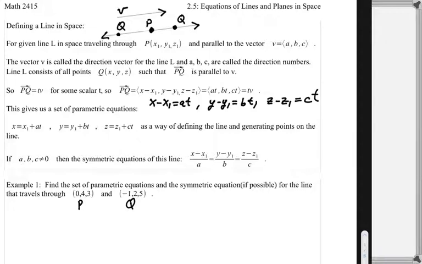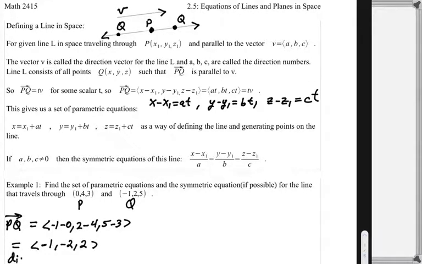We'll use one of the points, and then we need a direction vector. So what we're going to do is find the vector PQ, and that's going to act as our direction vector. So we're going to put it in component form. So -1 minus 0, 2 minus 4, and 5 minus 3. So our direction vector is going to be <-1, -2, 2>. Okay, so that's our direction vector.